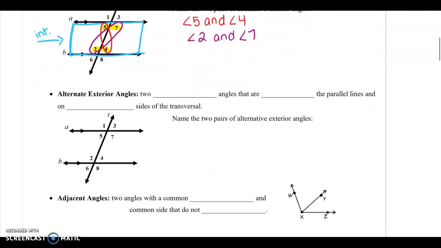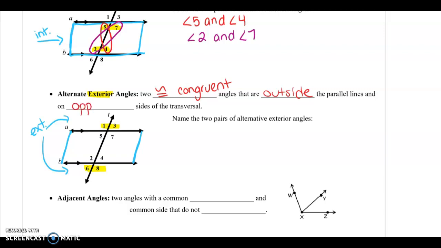And then you have the alternate exterior angles. Going back to the house, your exterior angles are the ones on the outside of that house. So we're talking about angles 1 and 3 and 6 and 8. These are two congruent angles that are outside, hence the word exterior, of the parallel lines, on opposite sides of the transversal.